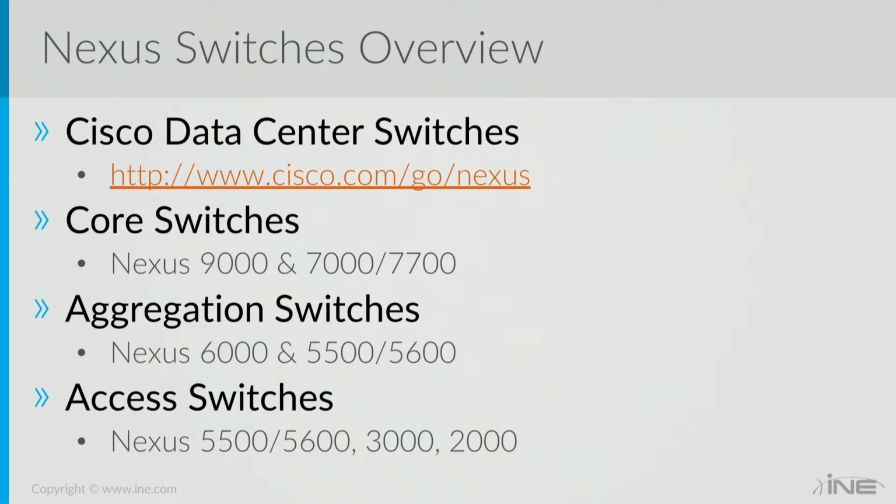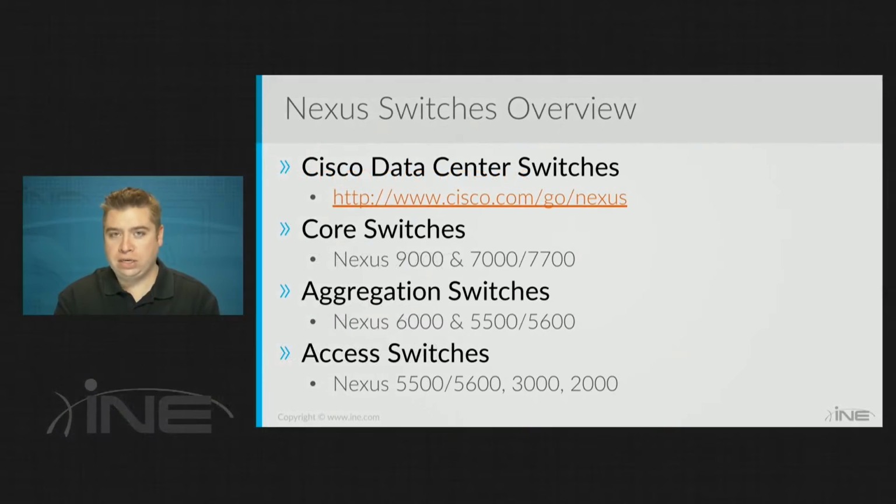And then down at the access layer where you connect to your end applications, that's generally where you would find the 5K, the 5500s and the 5600s, the Nexus 3K in low latency environments, and then the Nexus 2000 fabric extender in order to do what we call end of row designs, which we'll talk about a little bit later, specifically what that means.